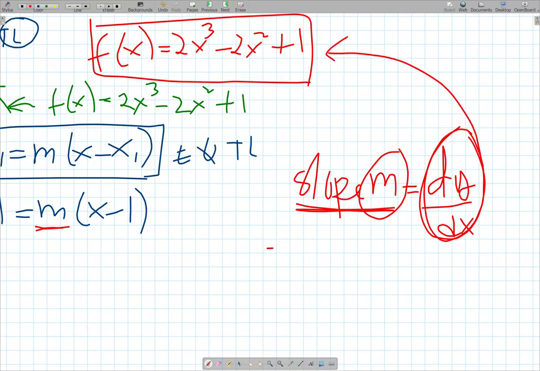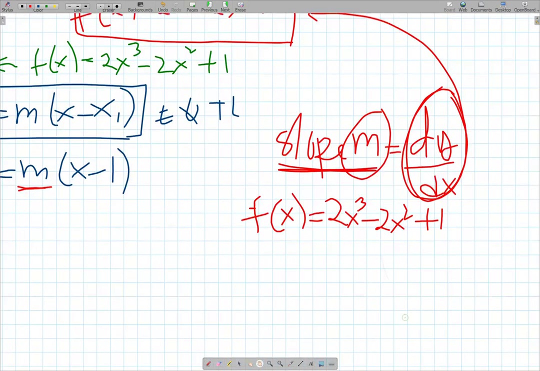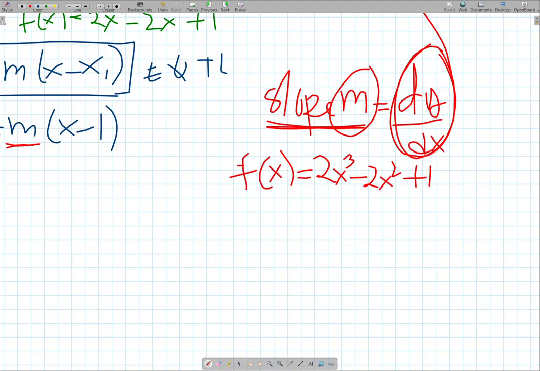We have to derive, no? So let's say palitan natin ang equation of the graph, which is f of x equals 2x cubed minus 2x squared plus 1. Para ano class, para hindi magulo, palitan natin ang f of x into y.